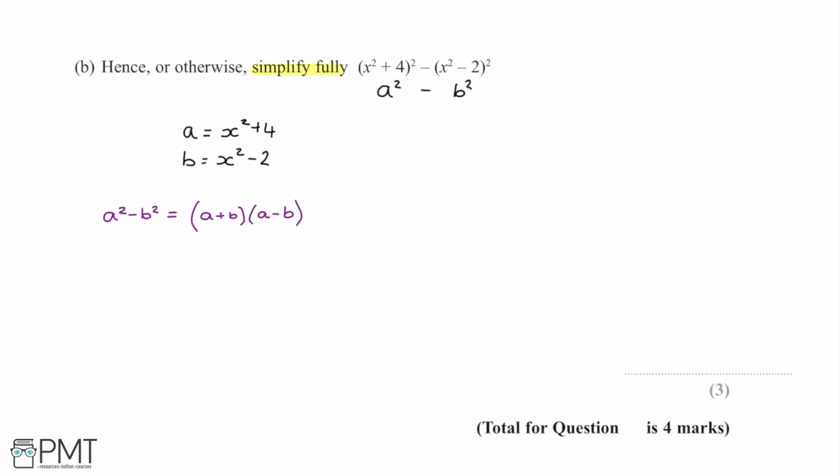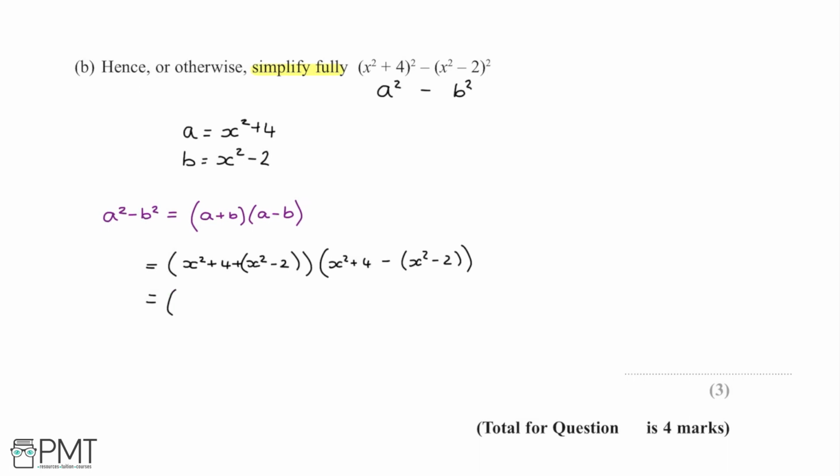So in brackets a plus b, we have x squared plus 4 plus x squared minus 2. And we're going to multiply that by a minus b, so x squared plus 4 minus x squared minus 2.